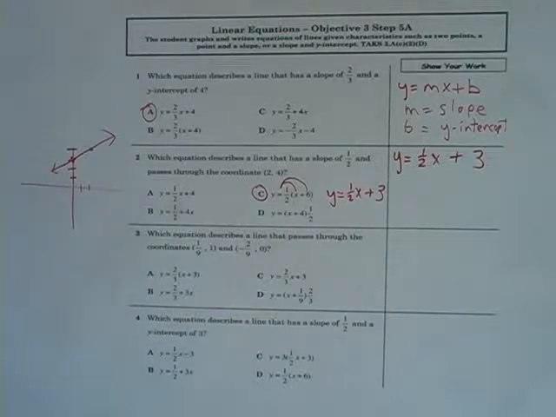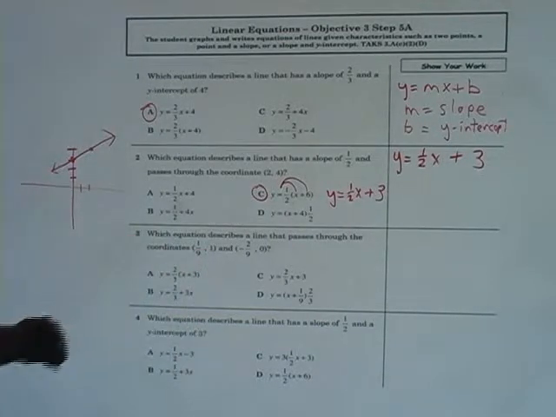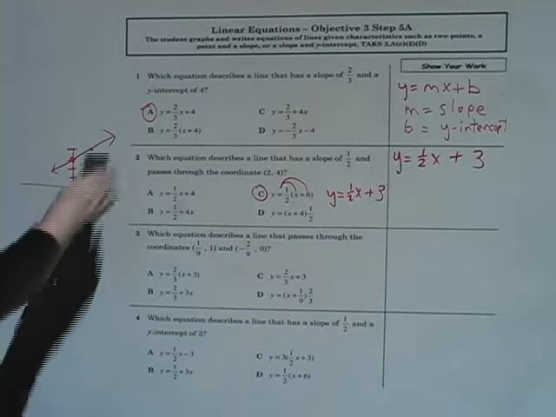Which equation describes a line that passes through coordinates 1/9, 1, and -2/9, 0? Okay, now this problem is a little harder than the first two. Because what you have to do here, I'm going to erase this.